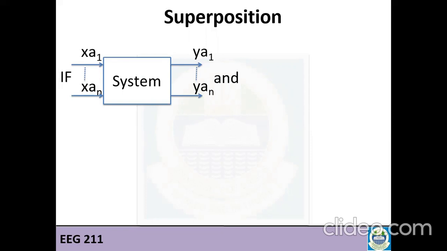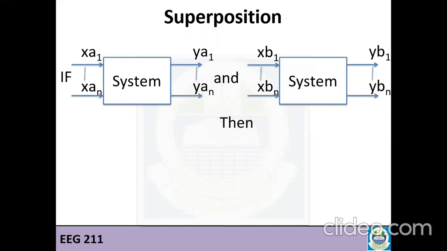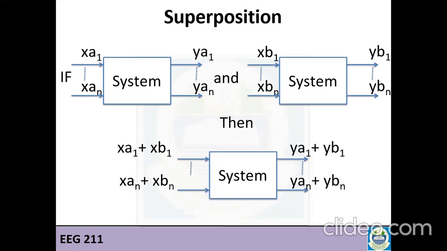And if you now have a different set of inputs, xb1 to xbn, which when fed into the system gives you yb1 to ybn, then if you combine the two inputs together in the form xa1 plus xb1 up to xan plus xbn, the output should be ya1 plus yb1 up to yan plus ybn.